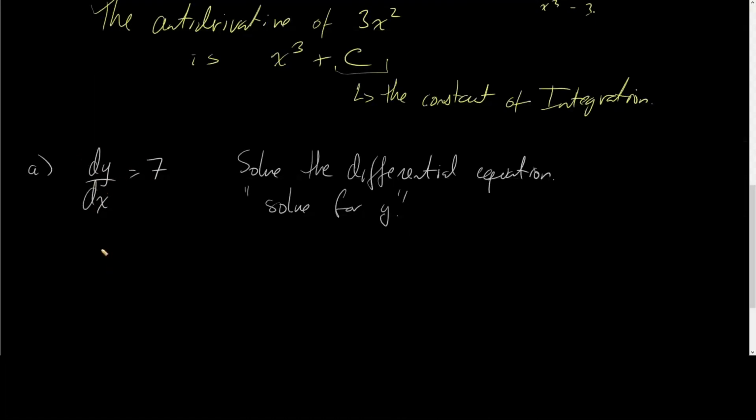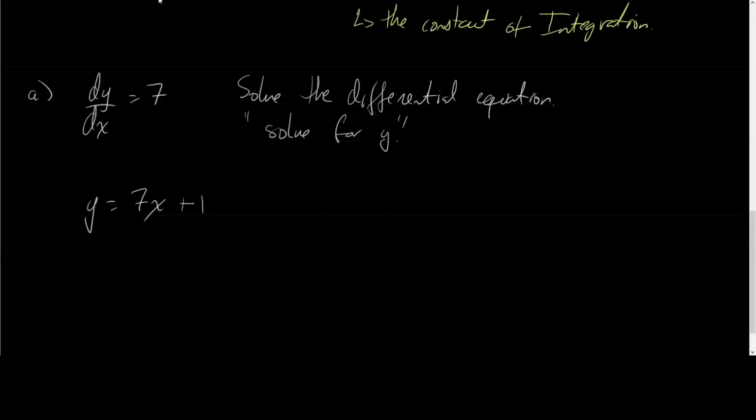Well, what is y? What is the function whose derivative is just 7? Using the constant rule, that looks like 7x, because if I start with 7x, its derivative is just 7. And we can just add a plus 1, and its derivative is still 7. If we add a plus 2, its derivative is still 7. So this is, again, why we just say it's going to be 7x plus c, because we have infinitely many options as to what that c could be.